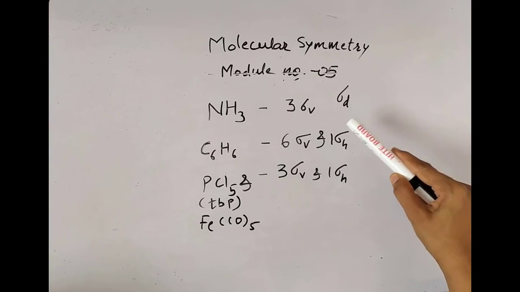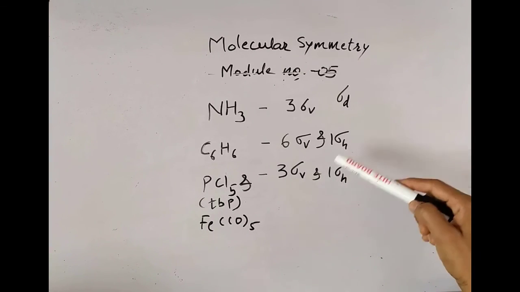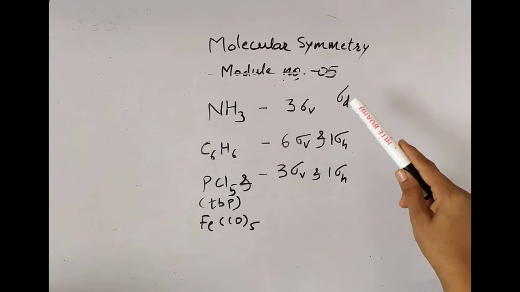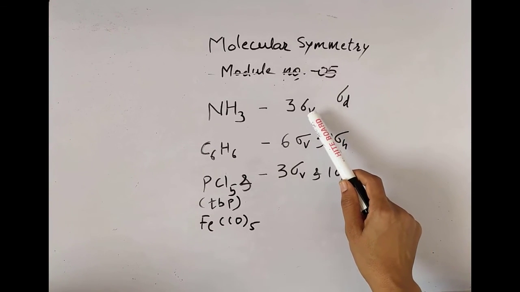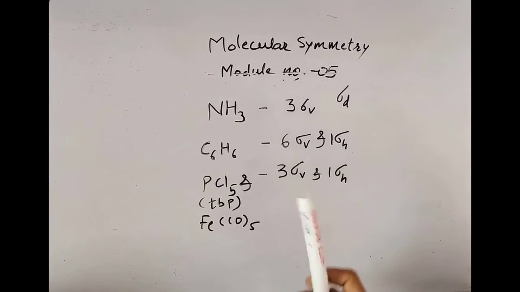Otherwise there will be jumbling, you will get confused between all the planes. In order to explain sigma d clearly, you must be able to distinguish first between sigma v and sigma h. So in the next module I will tell you about sigma d. Thank you.